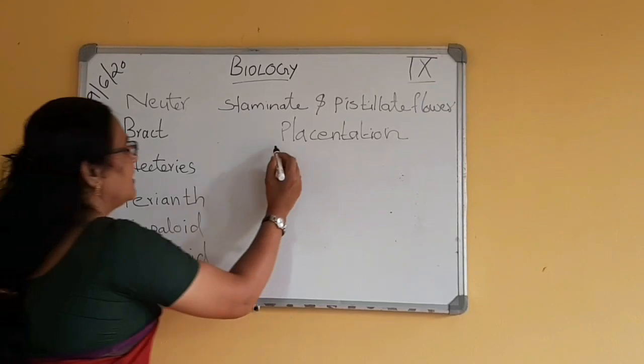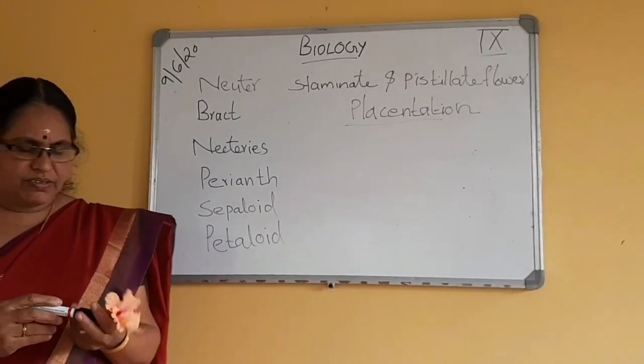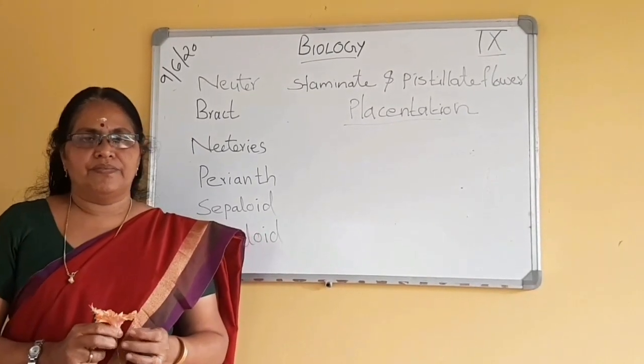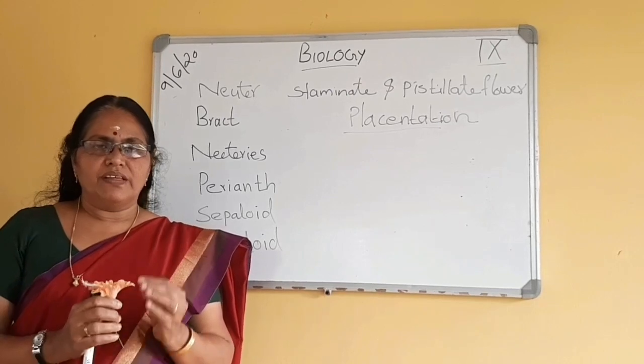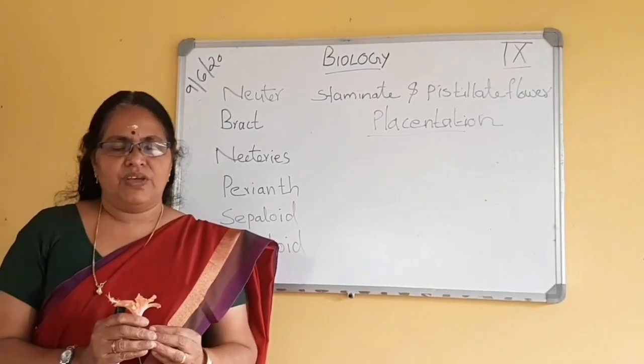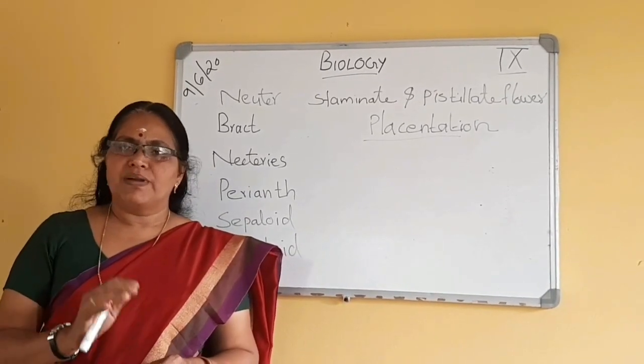Next is the placentation. Inside the ovary of the flower there are ovules. These ovules arise from a cushion-like region or a soft region. That region is called the placenta.